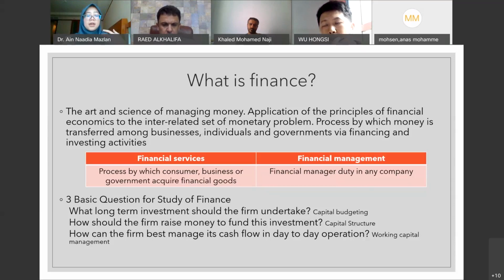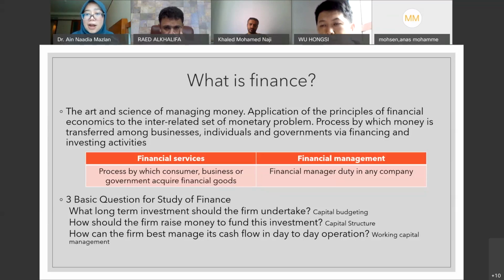So capital budgeting is about what things or investments you should make in order for your company to prosper. The second question is, how should the firm raise money to fund the long-term investment?